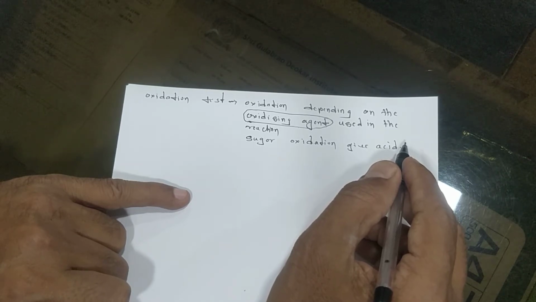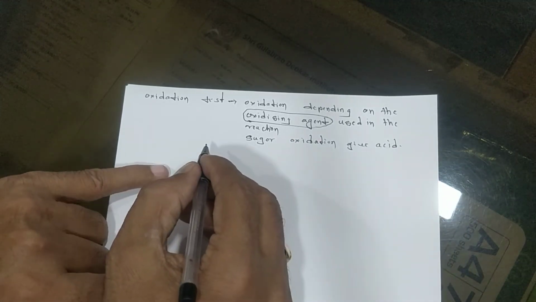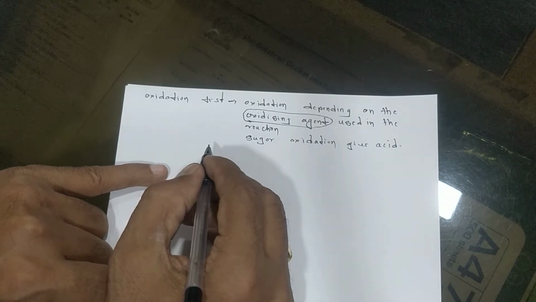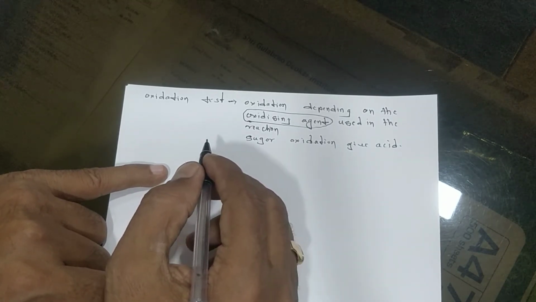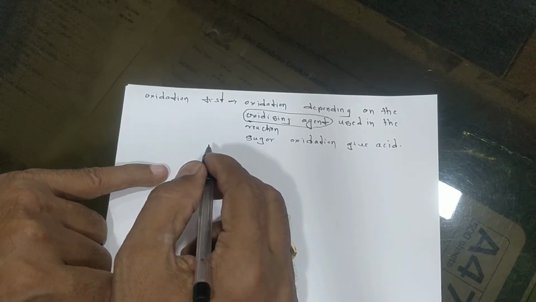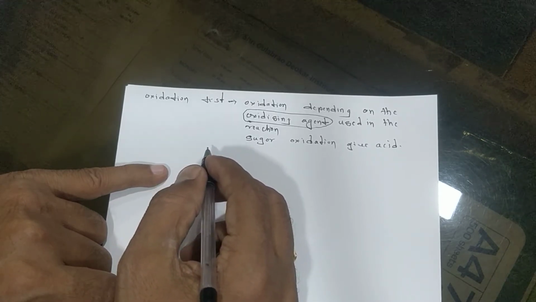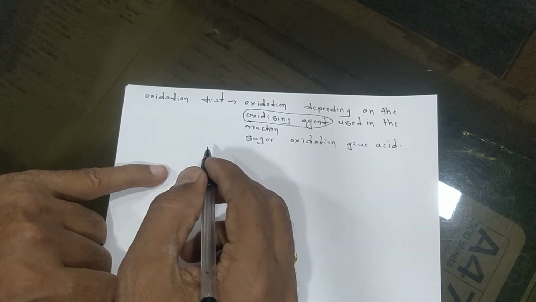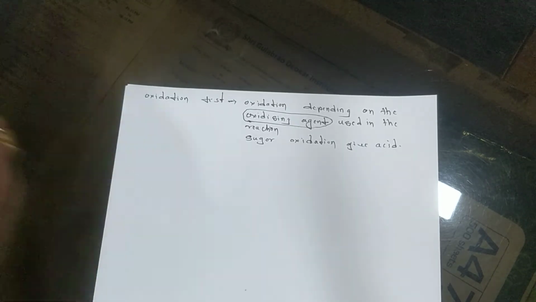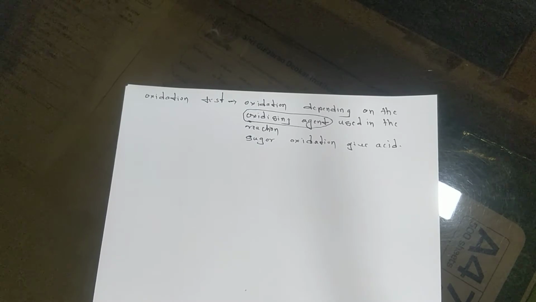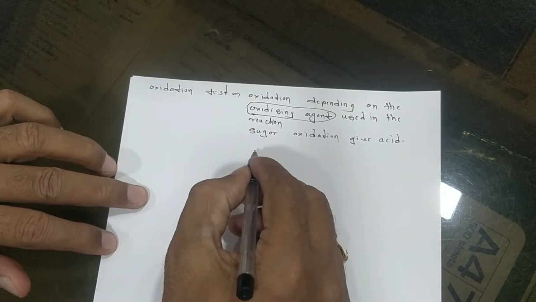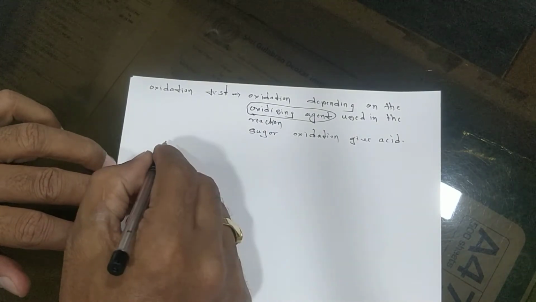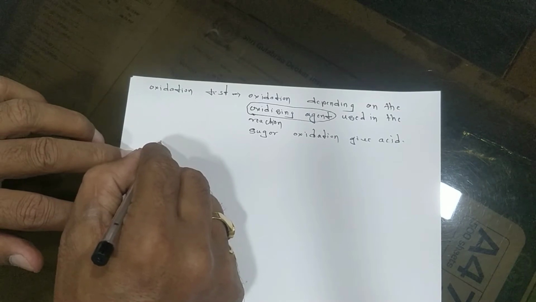Okay, for example, oxidation on the aldehyde group results in the formation of gluconic acid, and bromine water is used as a mild oxidizing agent. Now the reactions of glucose, one by one you have to see.